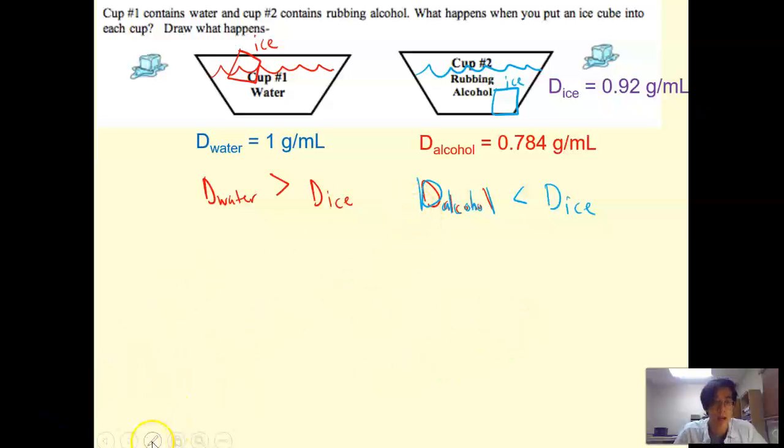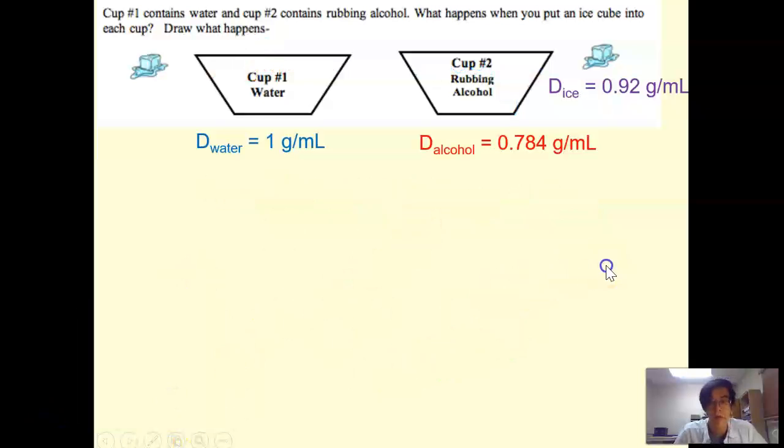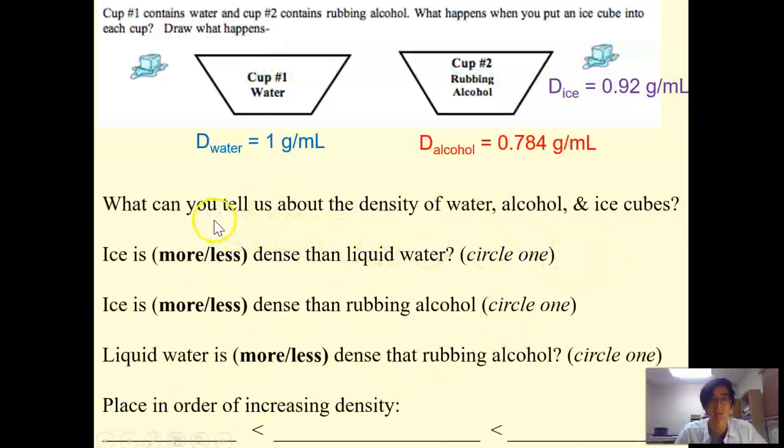Okay, so now I want you to look at this. What can you tell us about the density of water, alcohol, and ice cubes? From this little mind experiment, ice is less dense than water, and ice is more dense than rubbing alcohol. And liquid water, as we see from these values, is more dense than rubbing alcohol.